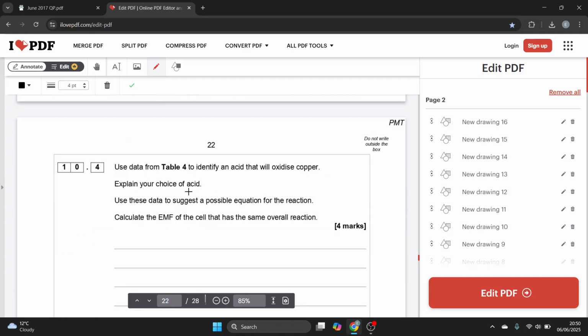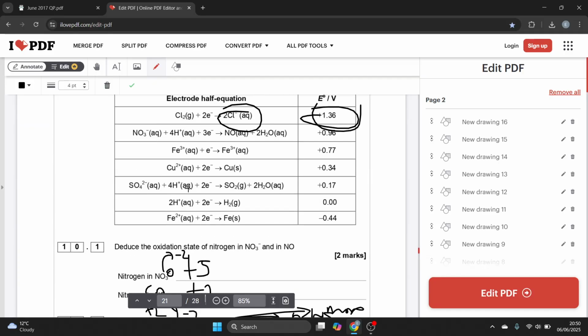Question 10.4. Use data to identify an acid that oxidized copper. Oxidized copper. Where's copper? Copper's here.